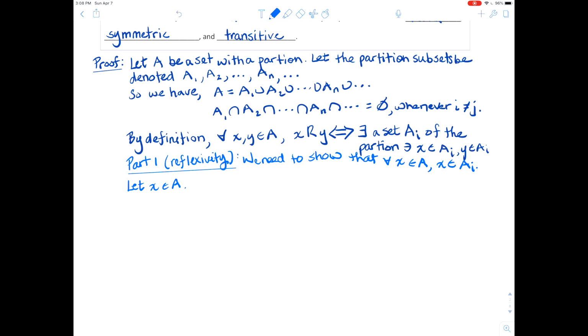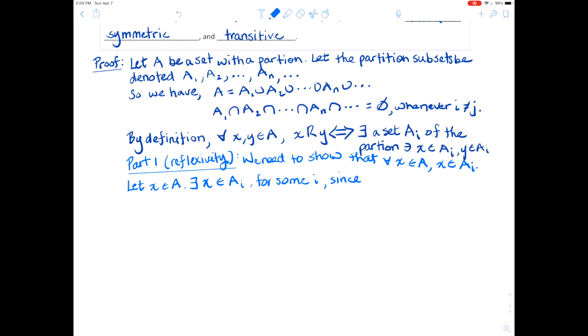So the way to say that in math is there exists an AI such that x belongs to AI, for some I. And why?